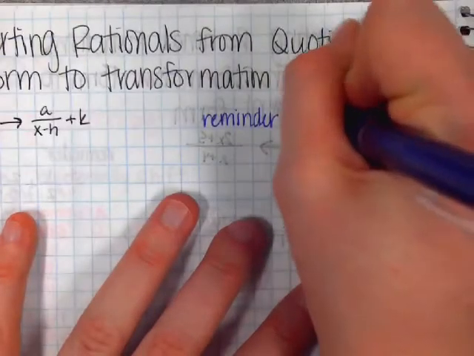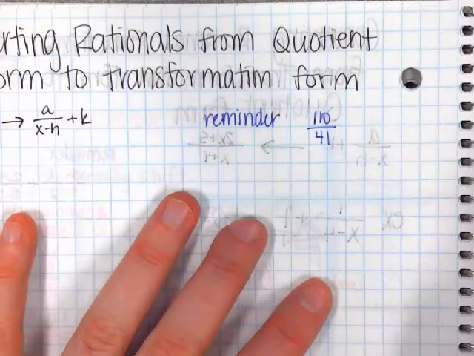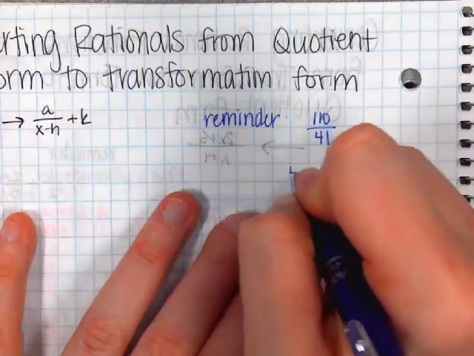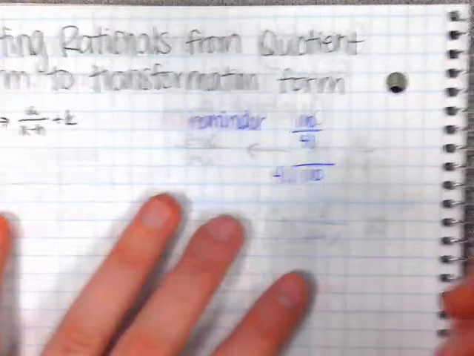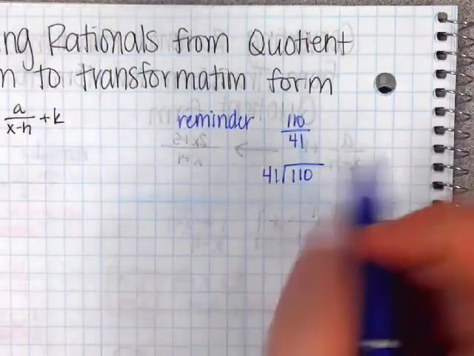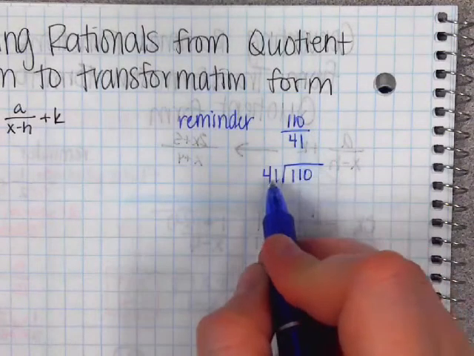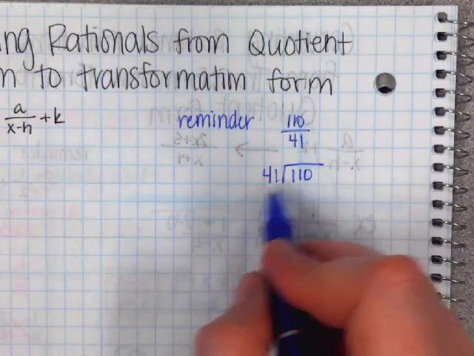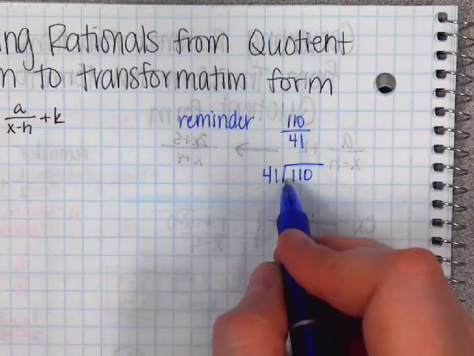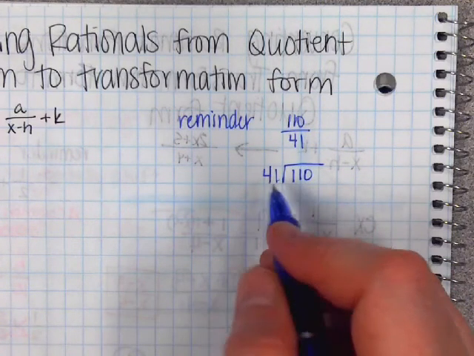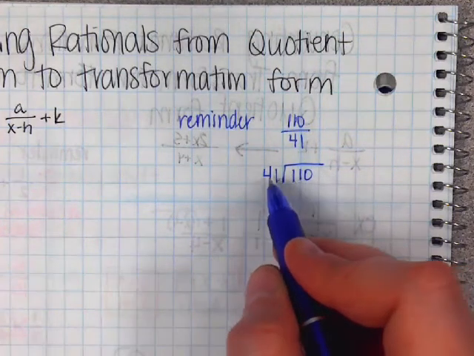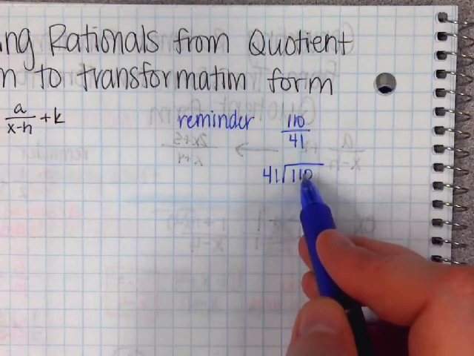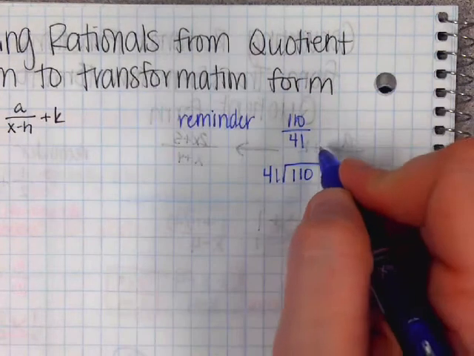If I have 110 divided by 41, if I do 41 divided into 110, well, 41 times 1 would just be 41. I'm just thinking of what I can multiply 41 by to get 110, or get close without going over.